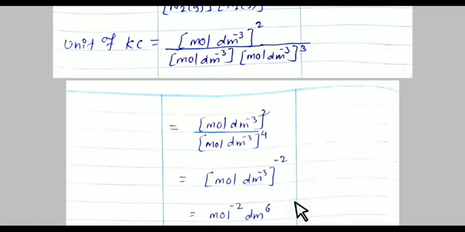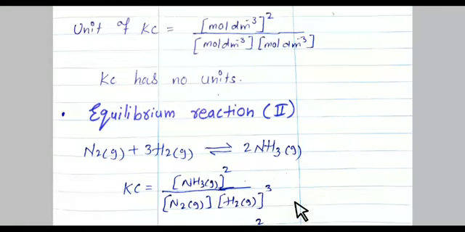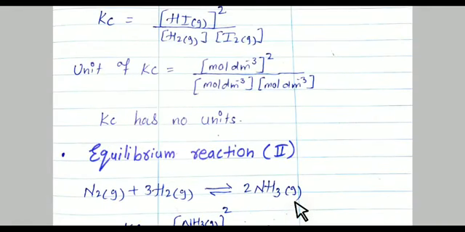For example, taking the same reaction, here number of moles means n, and delta n is equal to number of moles of product minus number of moles of reactant.